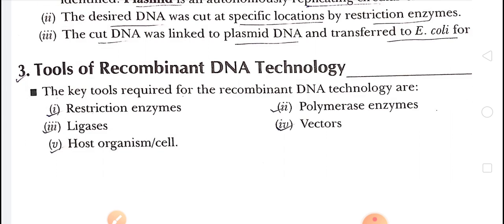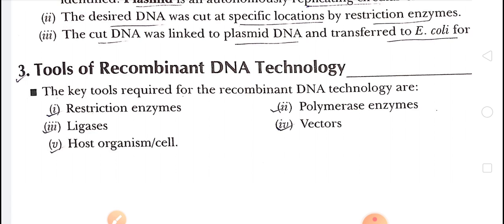So restriction enzymes we have discussed, restriction enzymes that are used to cut the DNA molecule. Restriction enzymes are the molecular scissors which are responsible for cutting the DNA molecule. Then polymerase enzyme, they help to synthesize the complementary strand.